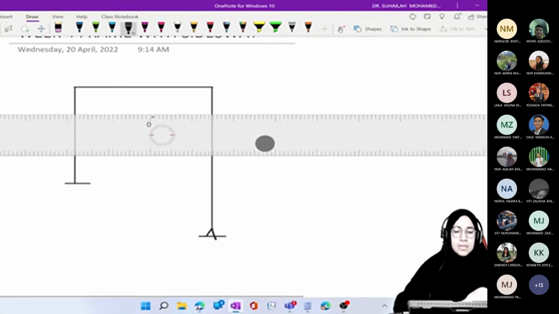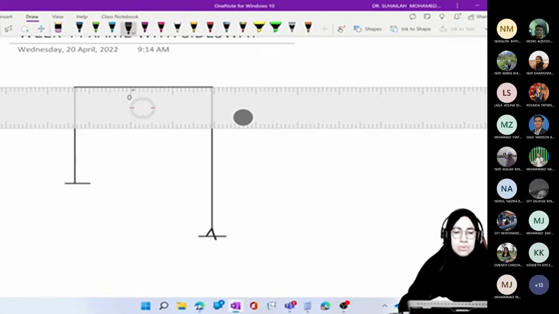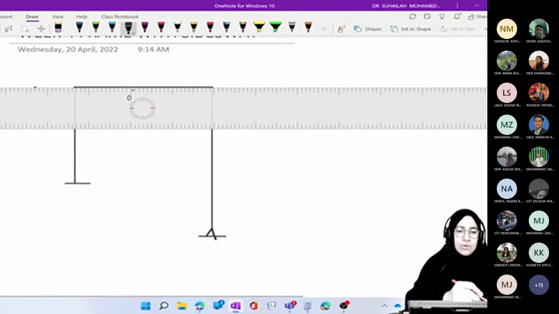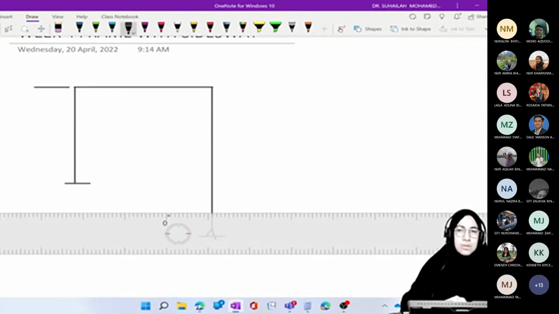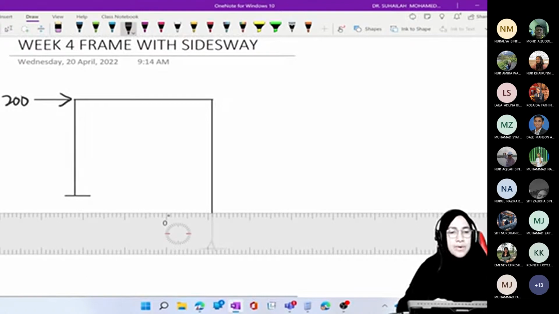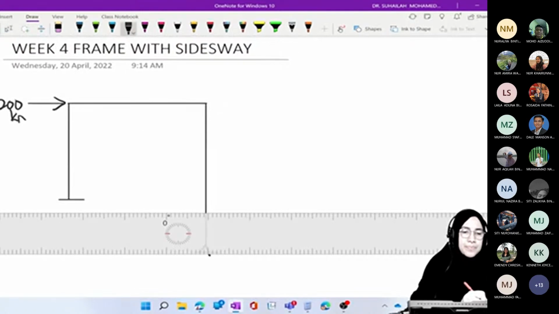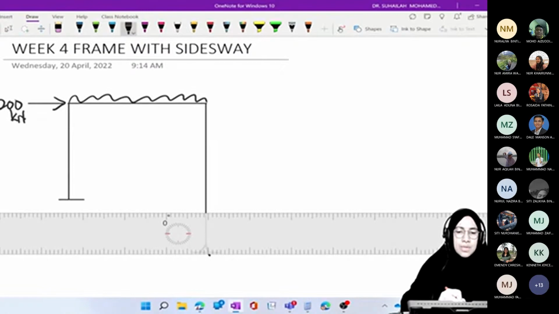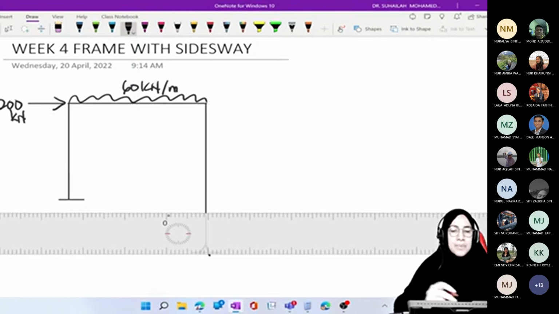Satu fix, satu pin. So sini ada satu point load. Okay, ada satu point load dekat sini. This is 200. Okay, 200 kilonewton. Sini ada satu UDL. Okay, this is 60 kilonewton per meter.